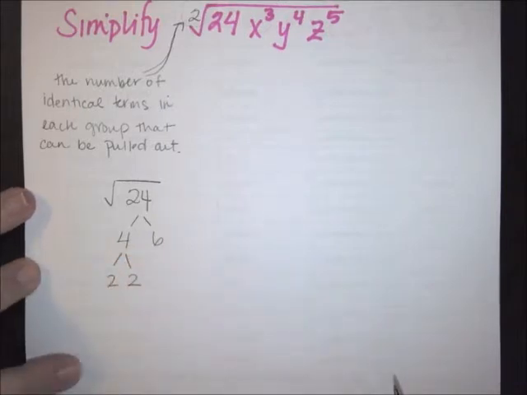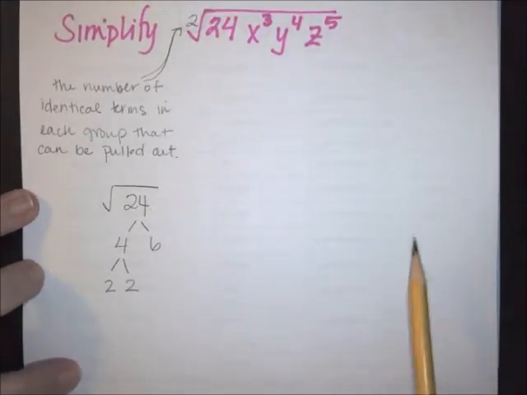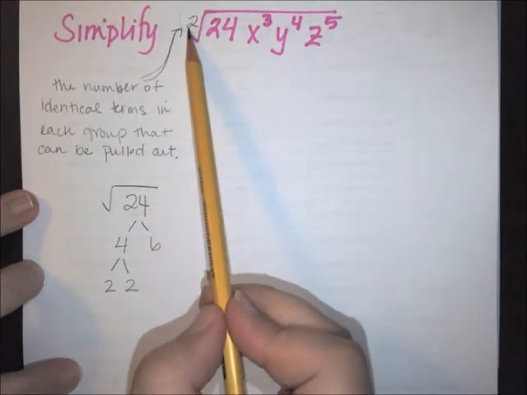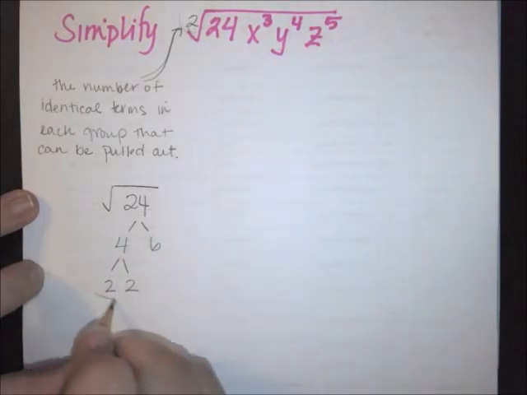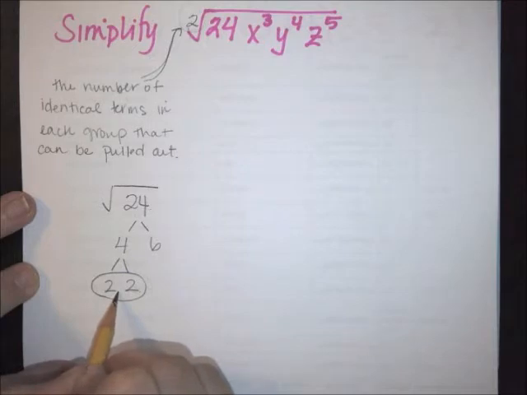Now if you look at it, I need identical terms, and in this case I need 2 of them. So I have them right here. I've got 2 identical terms, so that means this little part is a group. I have 2 values in it, they're the same, the number is 2, so that is what gets pulled out.